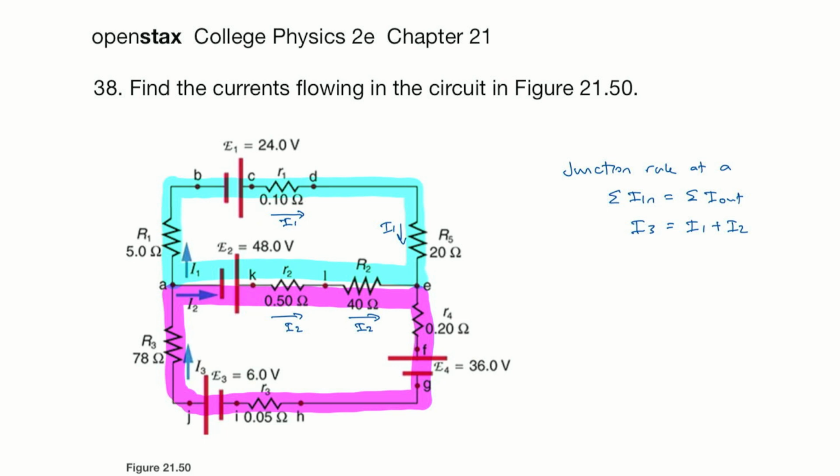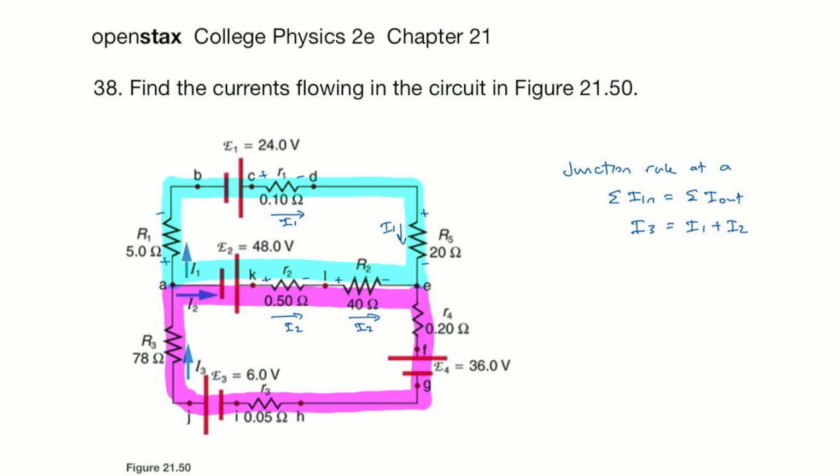Where current enters is plus, where it leaves is minus. Same for the middle branch. We'll mark where it enters as plus and where it leaves as minus.